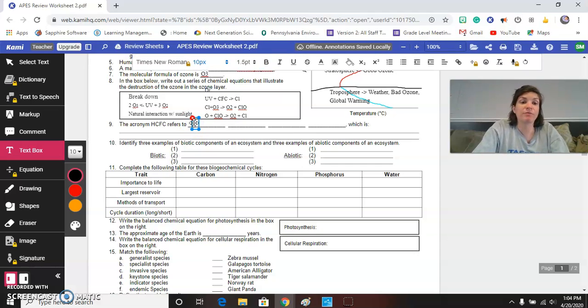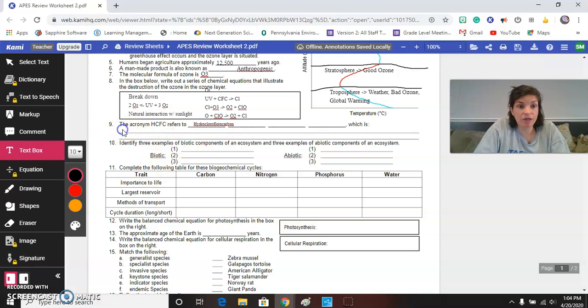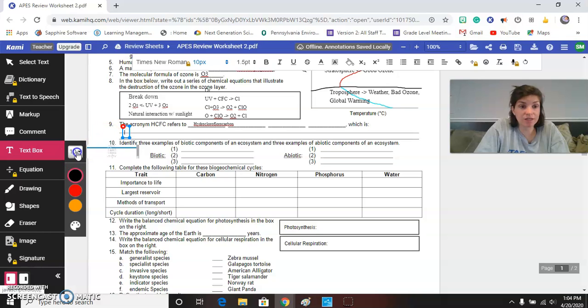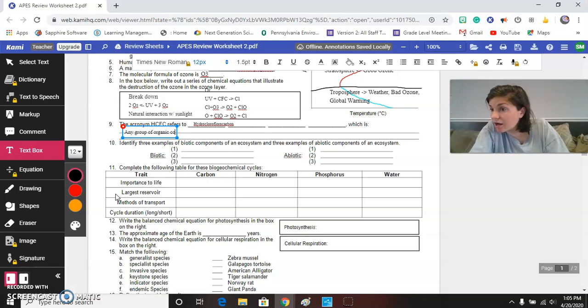All right, the acronym HCFC refers to hydrochlorofluorocarbon, which is, let me write down this definition. Let's zoom this in. Any group of organic compounds that contain carbon, chlorine, fluorine, and hydrogen.